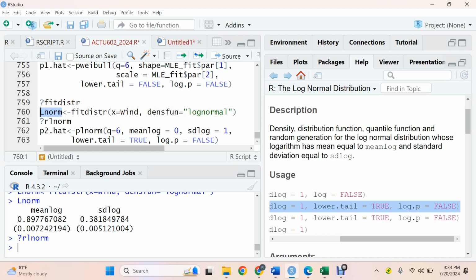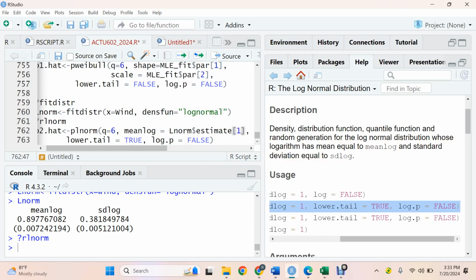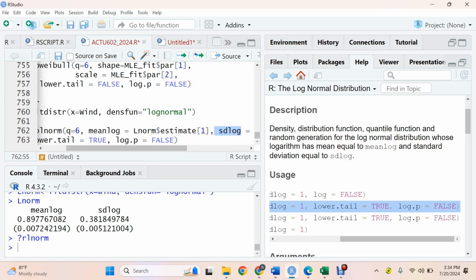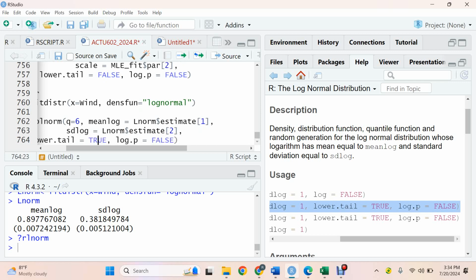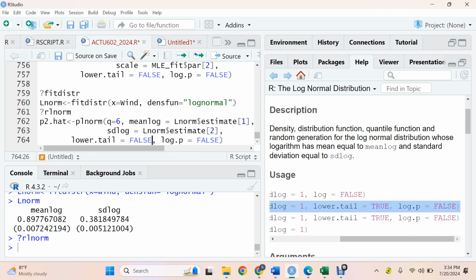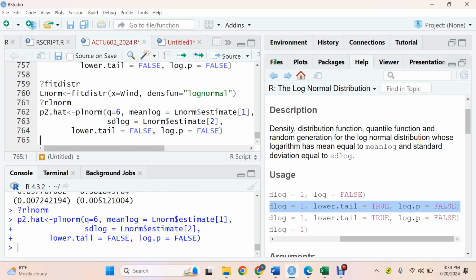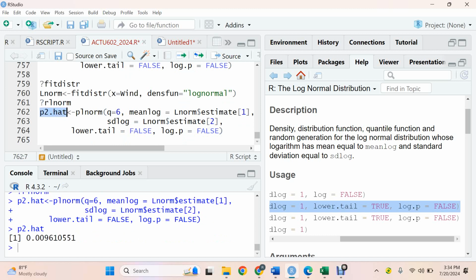Mean will be this estimate 1. Then let me bring this one down. What about the SD log? That will be this estimate 2. And then what else? Lower tail is false. Log P, we can leave it like that. Okay. So let's see. P2, 0.09.